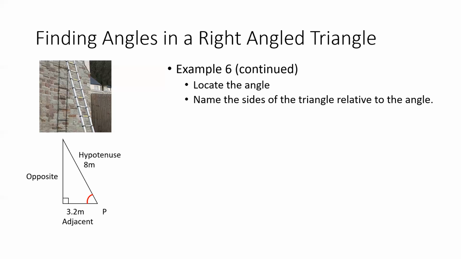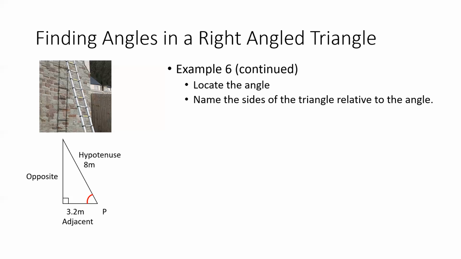Because we're working with angle P, the other side that's next to the angle, and is not the hypotenuse, is the adjacent. And of course, the side which represents the wall is opposite the angle, and so that's our opposite side. So we're wanting to find angle P, and we know two pieces of information. We know the adjacent and we know the hypotenuse.